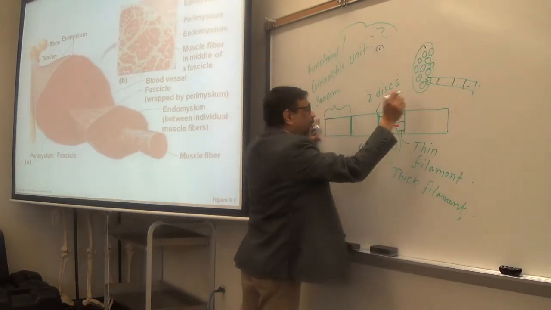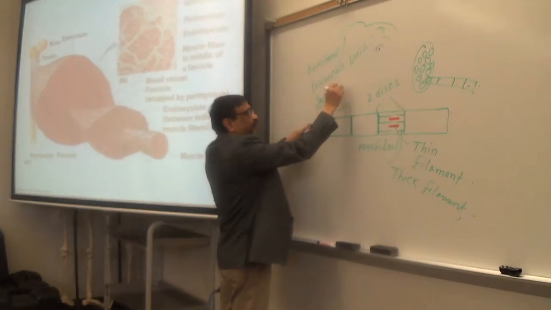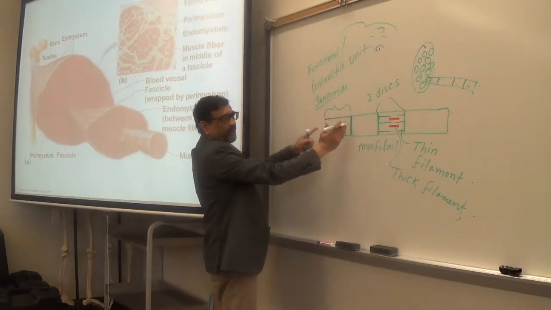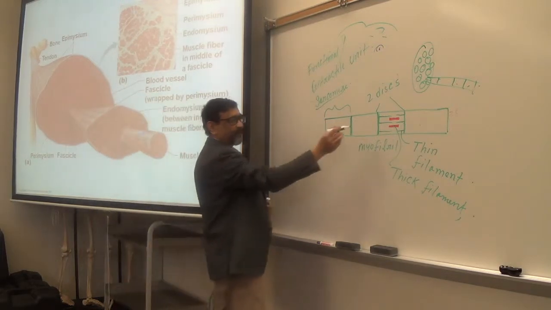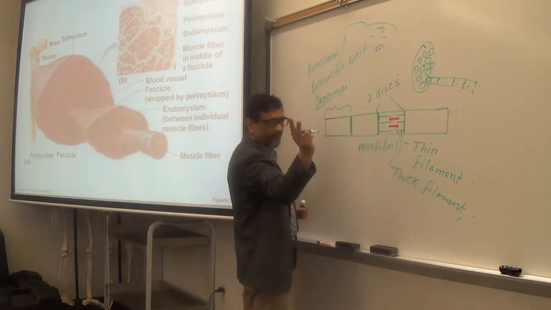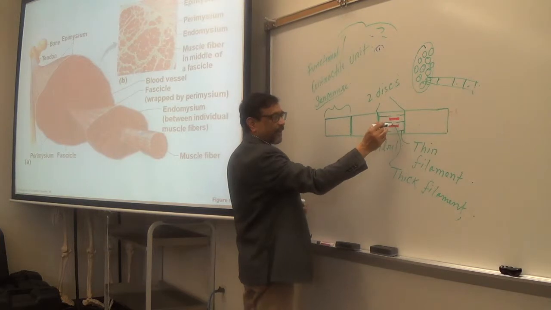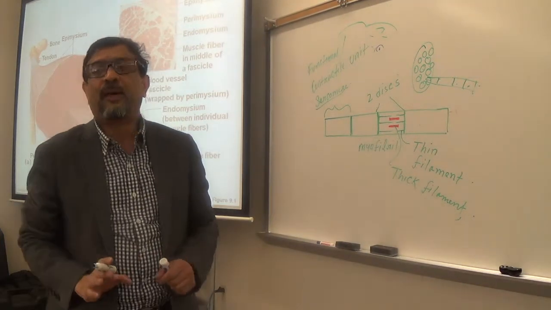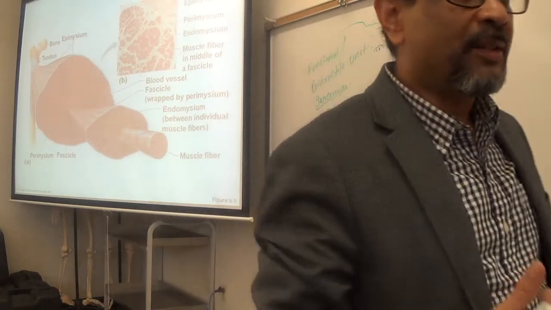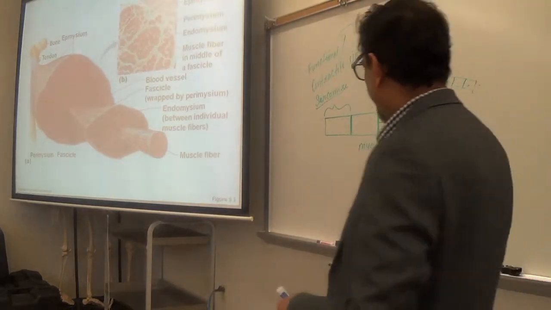Each segment is called a sarcomere, okay, and that is the unit of contraction or function. Now inside the sarcomere, you have two types of filaments, thin filaments and thick filaments. Make sense? Okay. Now we'll go further, microscopic view.